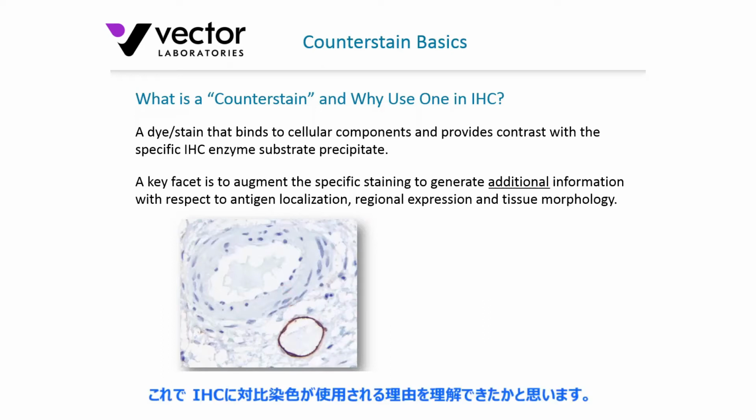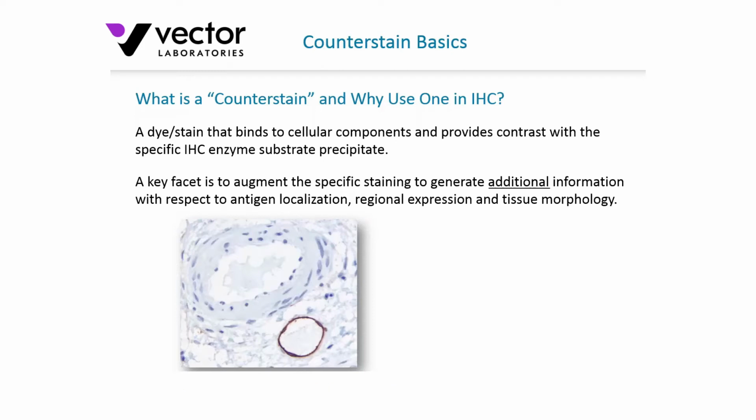So certainly in this single stain example, you can see the value of why you would want to use a counterstain for immunohistochemistry. Just keep in mind this particular image as we go forward through the webinar. I'll refer back to this image a couple of times.